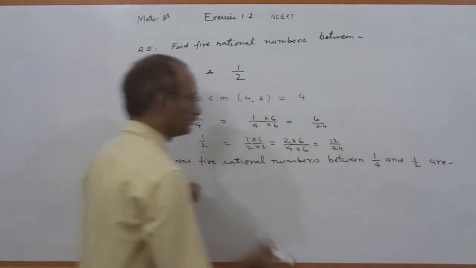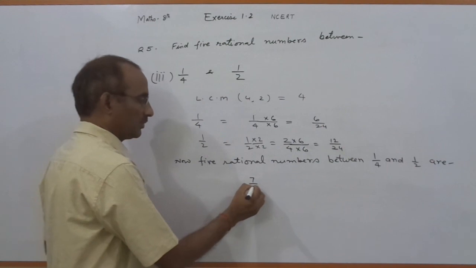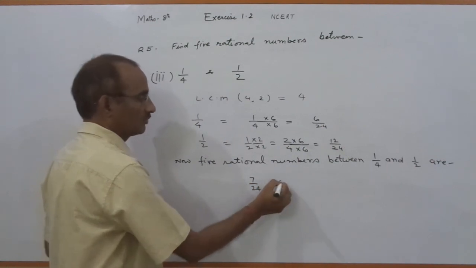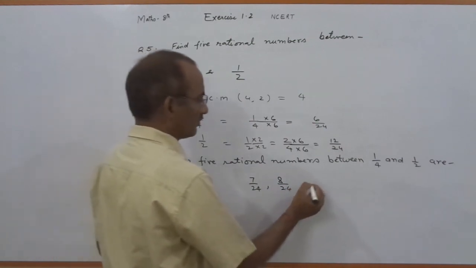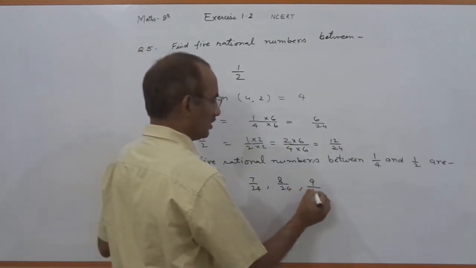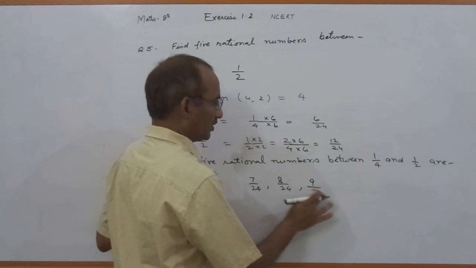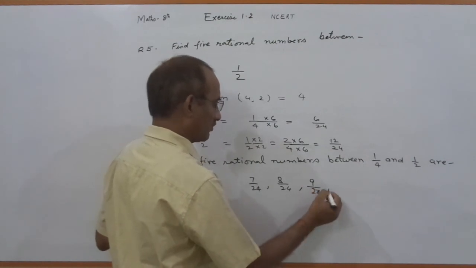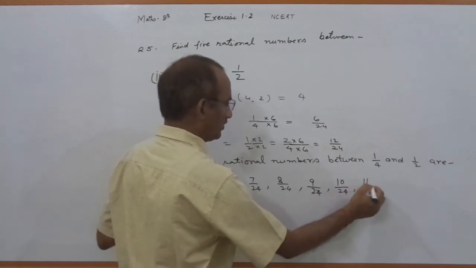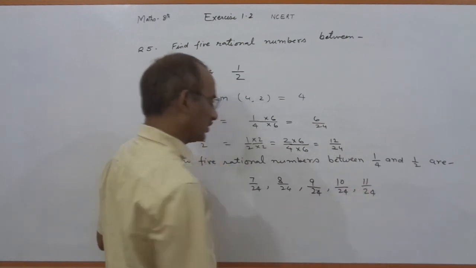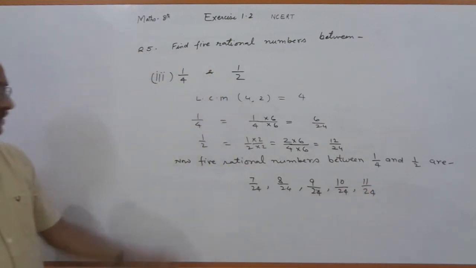They are 7 upon 24, 8 upon 24, 9 upon 24, 10 upon 24 and 11 upon 24. So this is our answer.